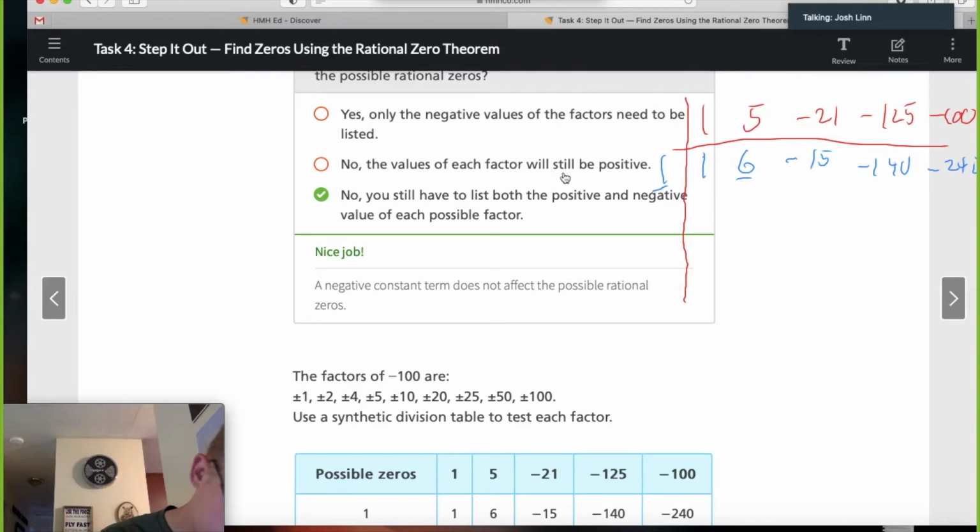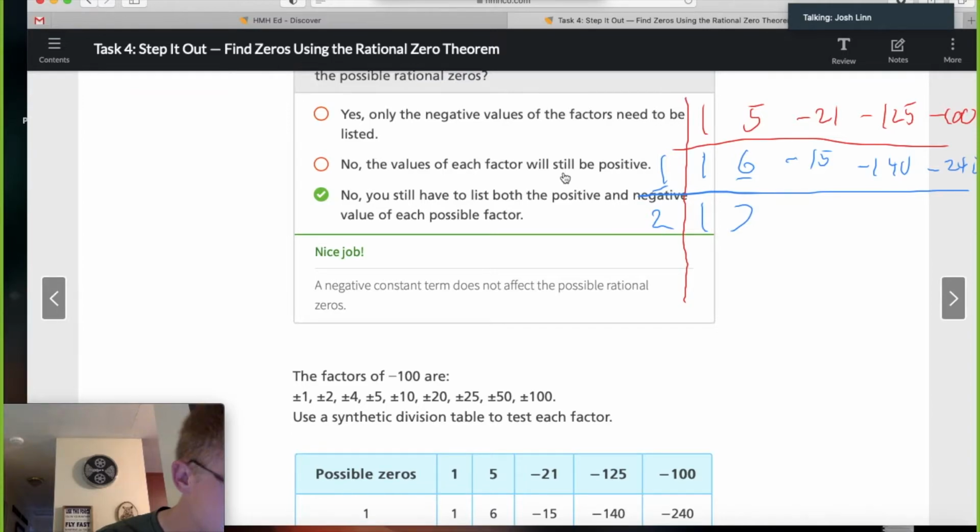So now I already have my chart. I just go to my next number. So we're going to just continue with our positives. So first number comes down. 1 times 2 is 2, plus 5 is 7. 7 times 2 is 14.